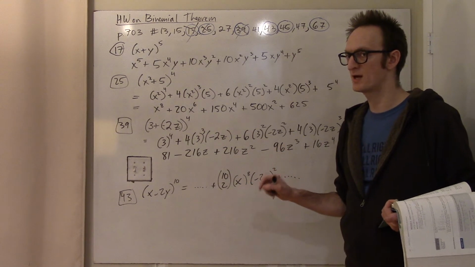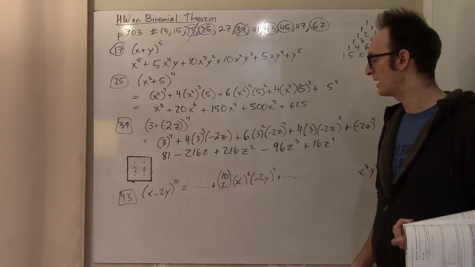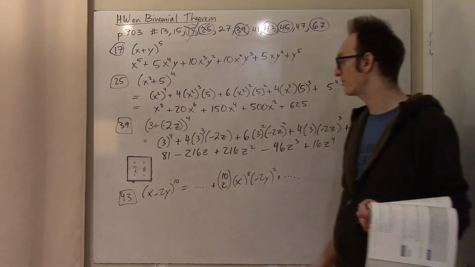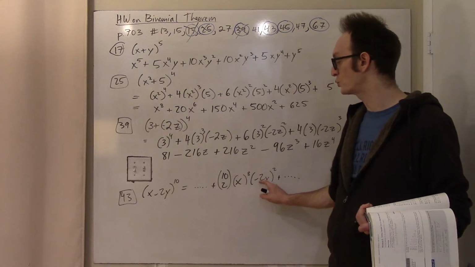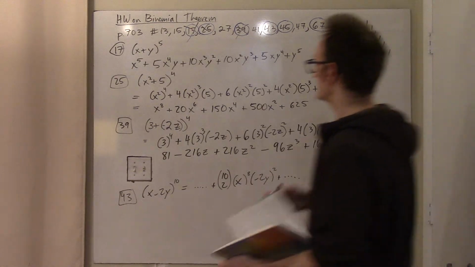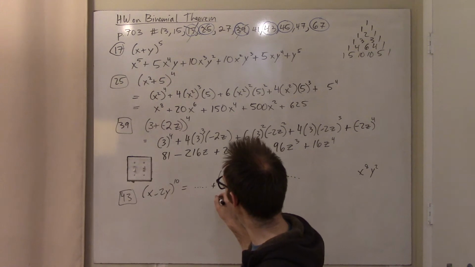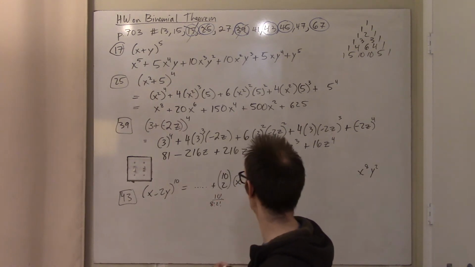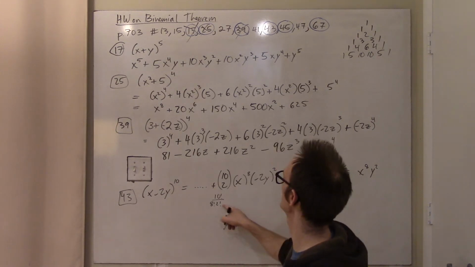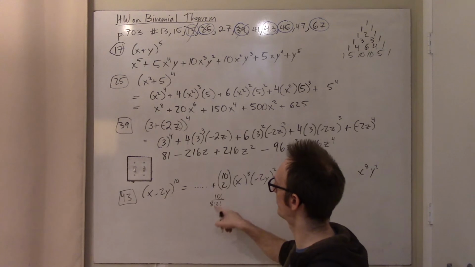The answer is, of the 10 steps through the tree, I'm counting the number of paths in which I went right 2 out of those 10 times, and there are 10 choose 2 ways to do that. Okay, what is 10 choose 2? It's a pretty small number. It's 10 factorial over 8 factorial 2 factorial. And that's going to be just 10 times 9 over 2.